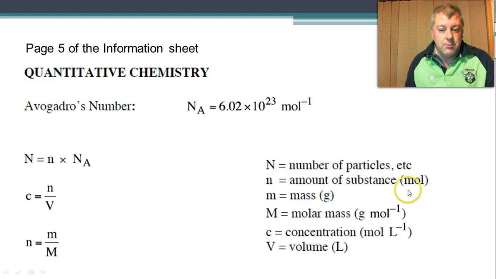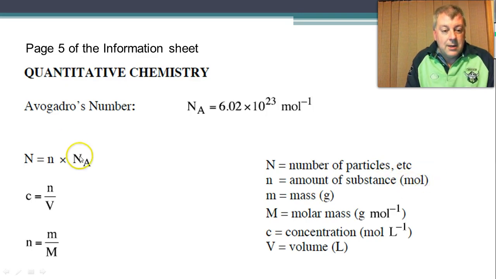Students sometimes get thrown by that, because if I asked you for the amount of something, you might give it to me in grams or kilograms, but in chemistry the amount of something is in moles, without the E, and there we use Avogadro's number. So the number of particles, N, equals the amount of the substance multiplied by Avogadro's number.